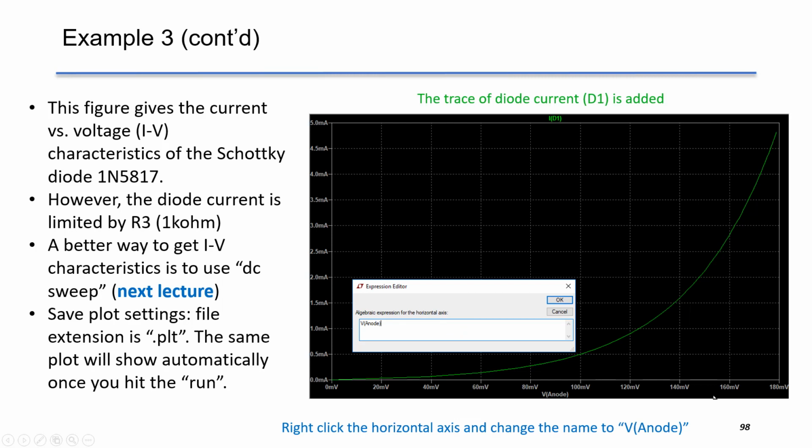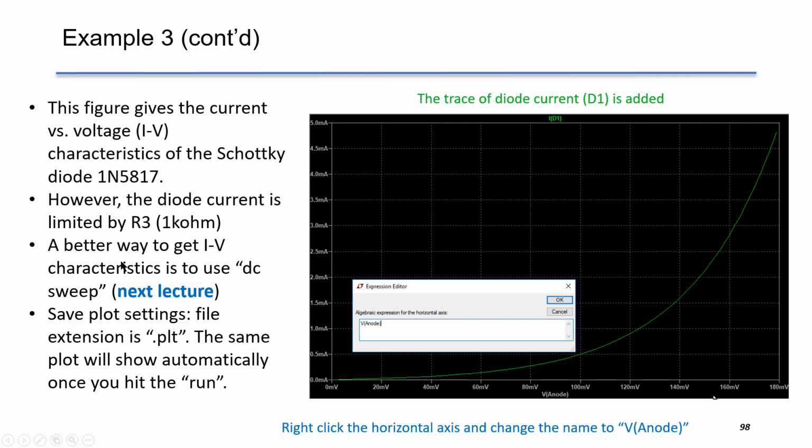By doing so, this figure gives the current versus voltage characteristic of a Schottky diode 1N5817. However, this diode current is limited by R3, which is 1 kilo ohm, so because we only have a 5 volt voltage source, the maximum current is limited to 5 milliamps.